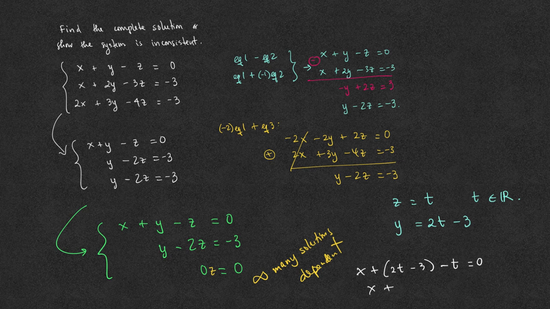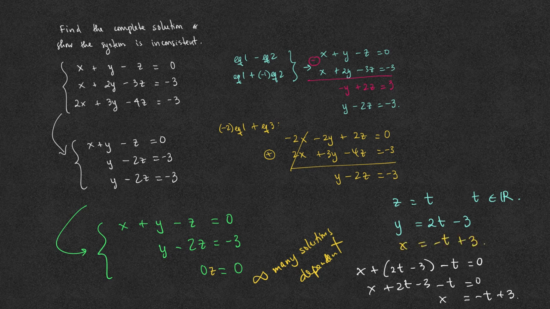This is x plus 2t minus 3 minus t equals 0, and so x equals negative 2t plus t, which is negative t, and negative 3 we move to the other side. And so we end up with x equals negative t plus 3.